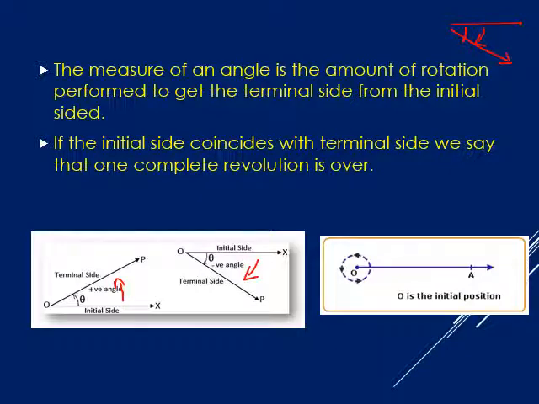If anti-clockwise, it is positive; if clockwise, then it is negative. Now, suppose the initial side coincides with the final position. Then it is called one complete revolution. If you rotate like this, it comes back again. That is a complete revolution, that is 360 degrees.